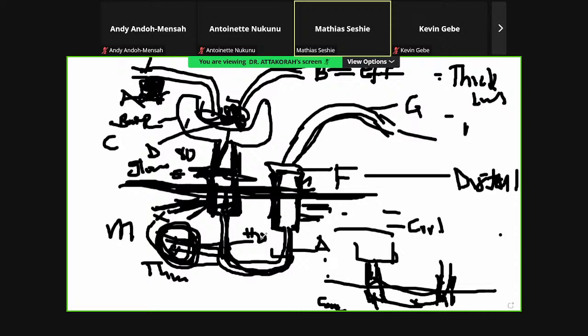So instead of the water moving from the loop into the medulla to create that concentration, water is retained in the loop, and the concentration now becomes lower, and then the water moves through the collecting duct, and then it will be excreted.